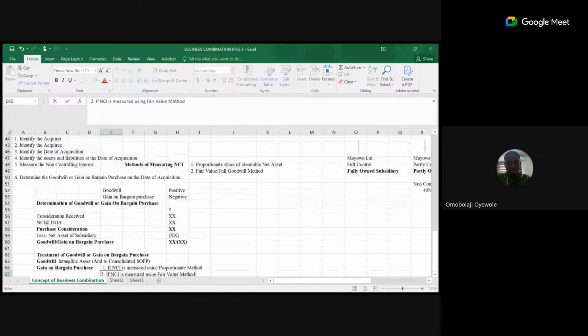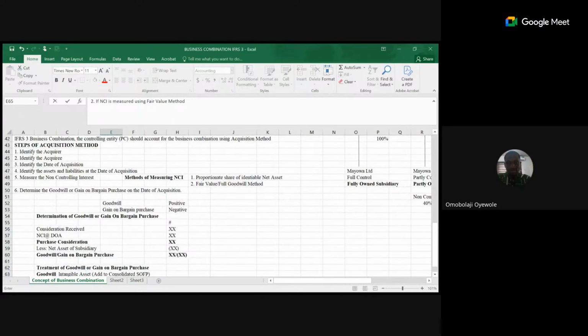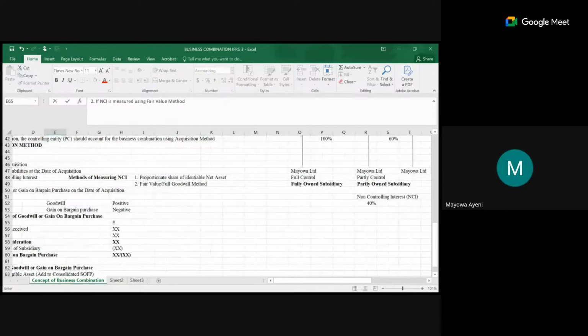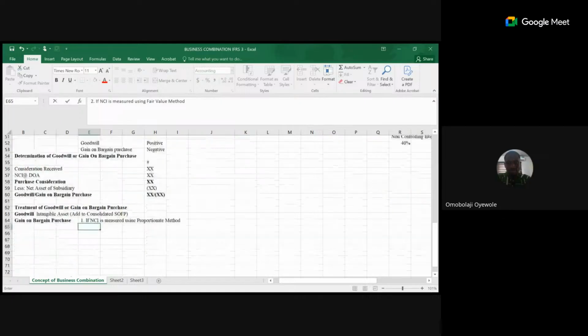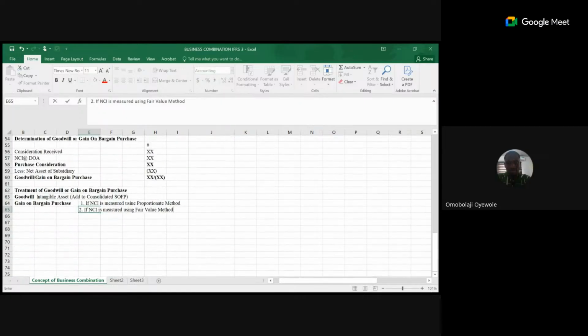So let's come back here. Remember, when we're talking about measurement of non-controlling interest, we said we have two methods of measuring non-controlling interest, right? The first one is proportionate share of identifiable net assets, and the second one is the fair value or the full goodwill method.